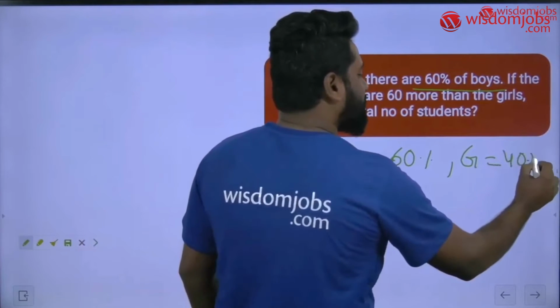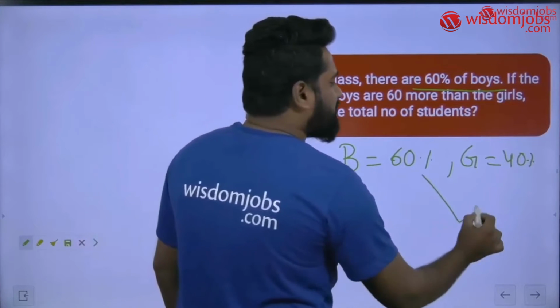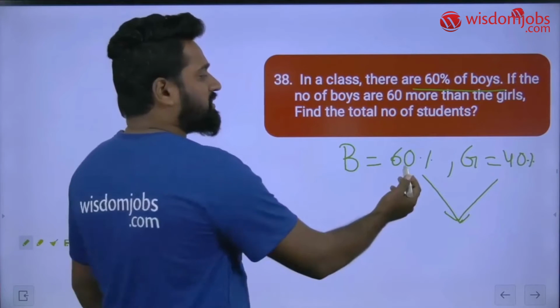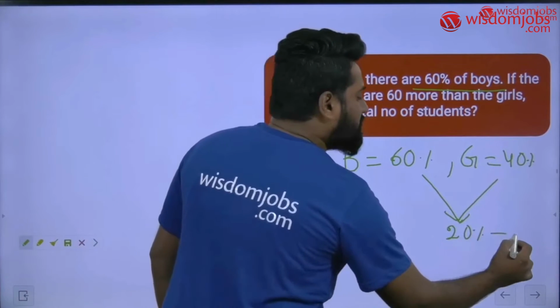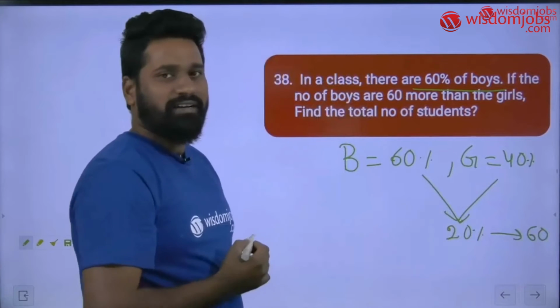This is clear, right? And if you observe carefully, what is the difference of percentages between these two? 60% and 40%, the difference is 20%, which indicates that it's 60 boys. Is it right or wrong?